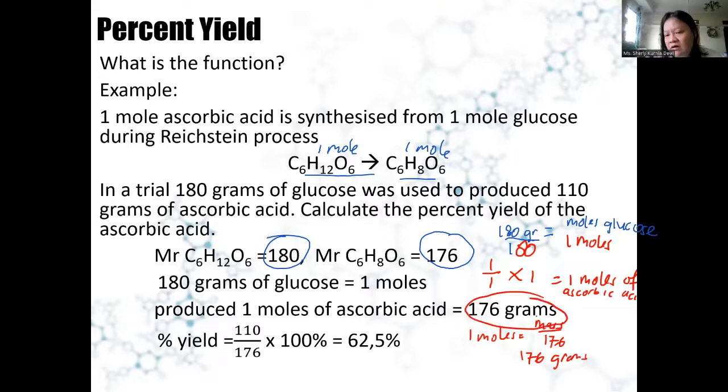Theoretically you will get this amount, but actually you only get 110 gram. So you divide 110 by 176 times 100%. This is the answer. The percentage yield is not the maximum, not 100%, it's only 62.5%.